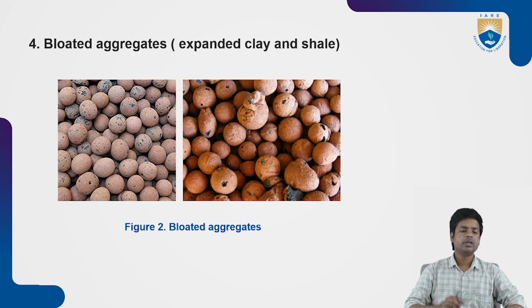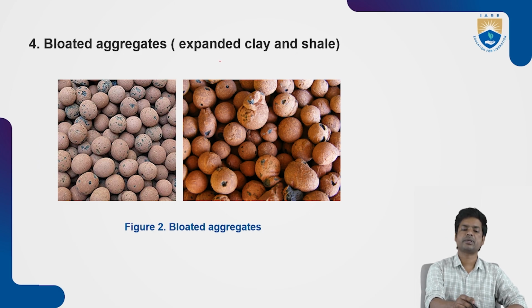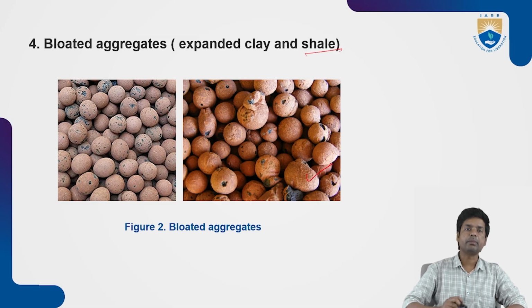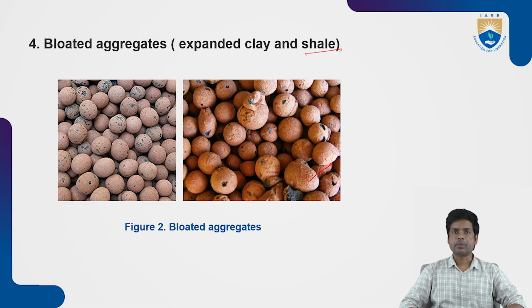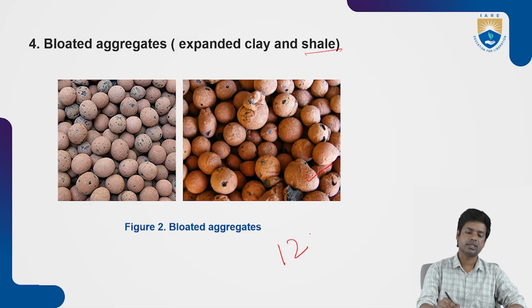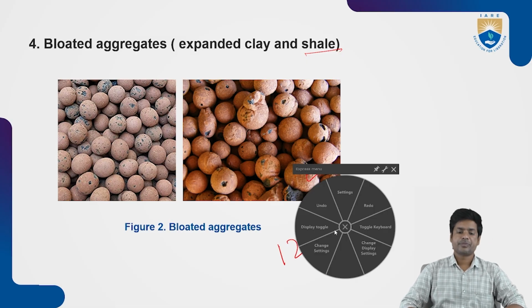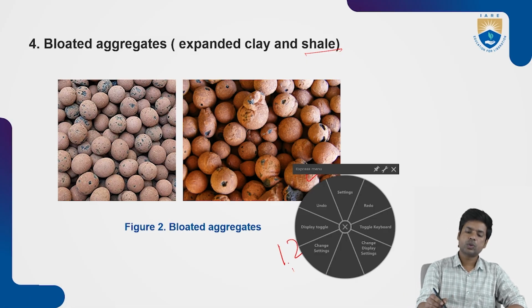Next one, bloated aggregates or else expanded clay aggregates, expanded clay or shale. These aggregates are obtained by subjecting the clay to a temperature of 1200 degrees Celsius.